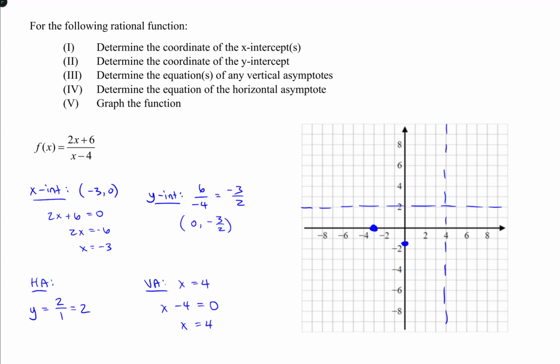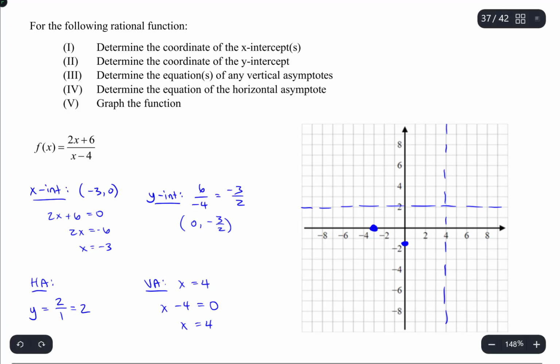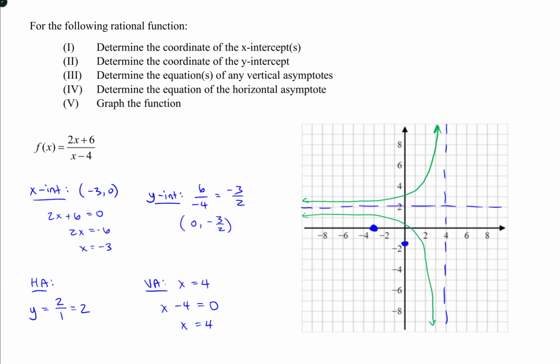Okay, now the last thing is to fill in the graph. So the graph is going to bend toward the asymptotes. So either this will be my graph or something like this will be my graph. So I have to determine which to pick from. So the asymptote is going to guide this curve somewhere.